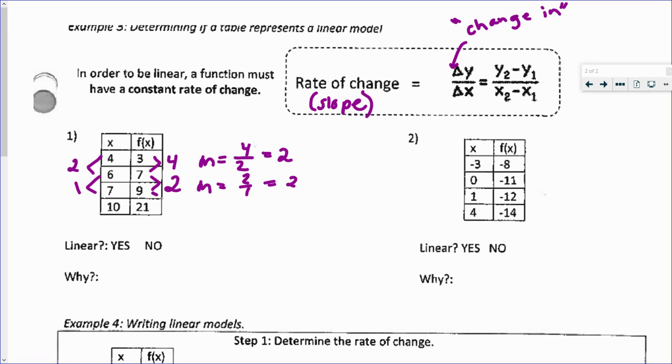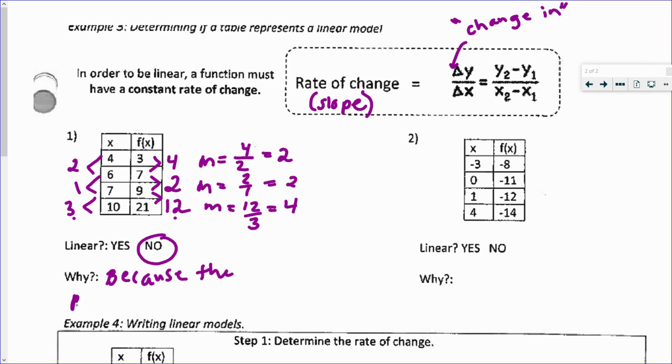Let's check the last one. 9 to 21 went up by 12. 7 to 10 went up by 3. If we calculate the rate of change, 12 divided by 3, the change in y divided by the change in x, that's 4. So this is not linear because the rate of change, which I like to abbreviate as ROC, isn't constant.